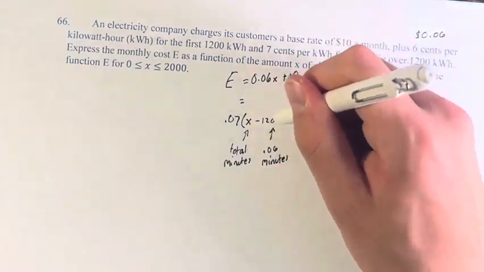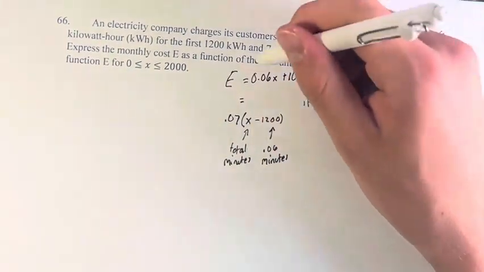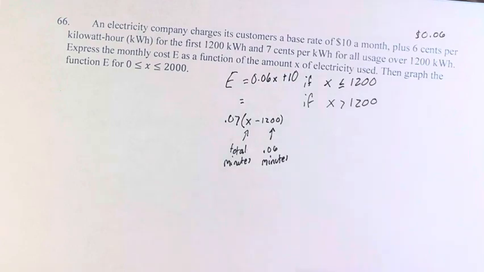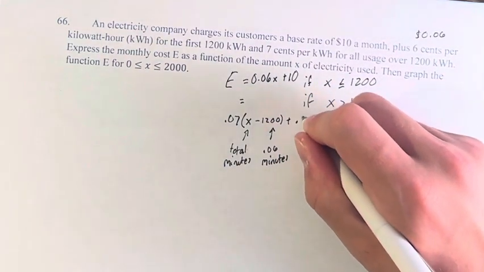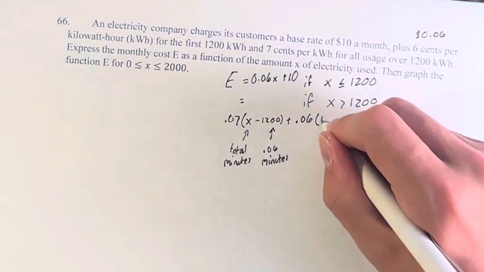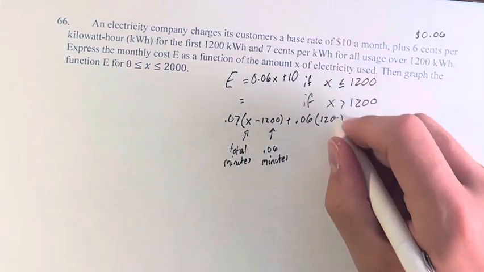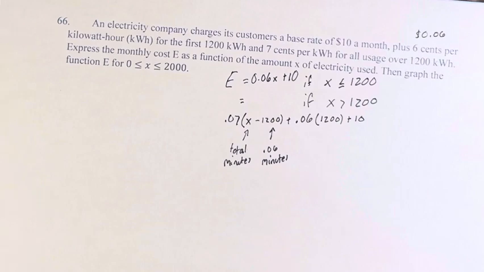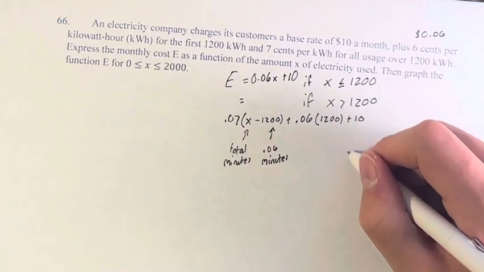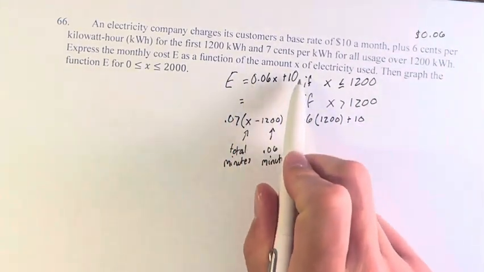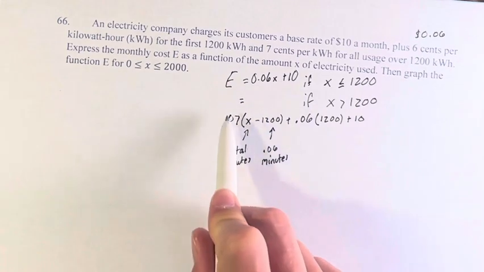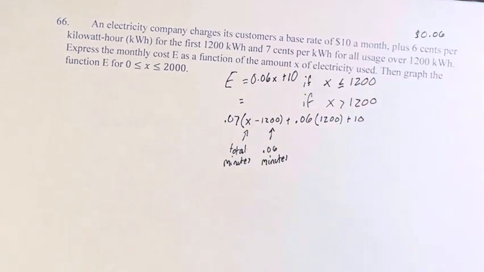This leaves you with all the hours left that you have to pay 7 cents per hour on. You also have to pay 0.06 for all of the first 1,200, and you have to pay $10 for the base fee. So this is your function for the first 1,200, and this is your function if X is greater than 1,200.